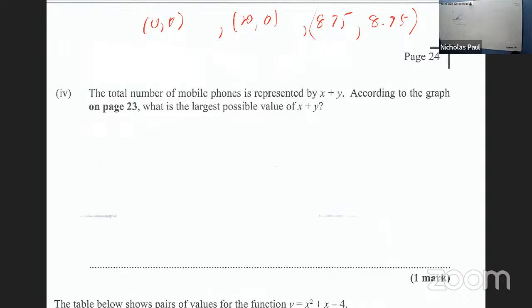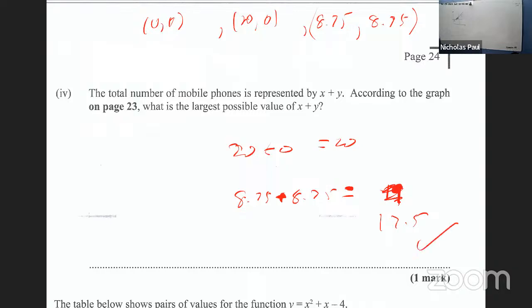Which one gave you the maximum, Matthew? 20 and 0. Correct. Because 20 plus 0 is 20. And 8.75 plus 8.75 is what? Sorry, 17.5. My math was bad. Okay, so the answer is 20, 0.